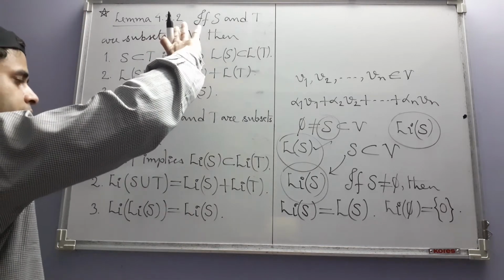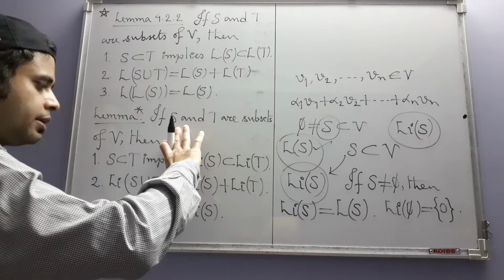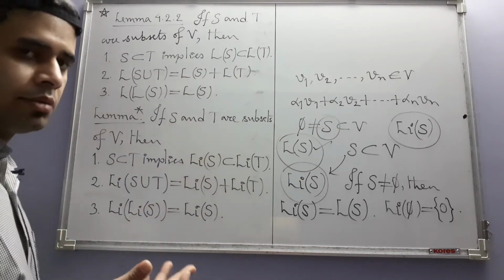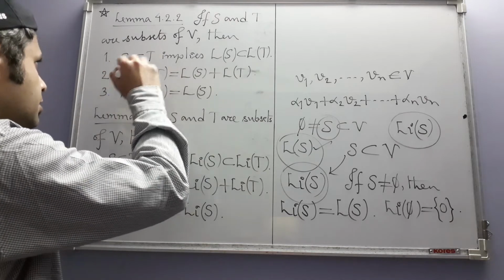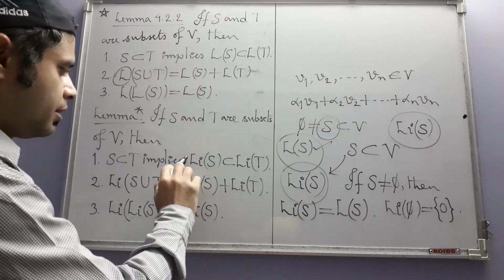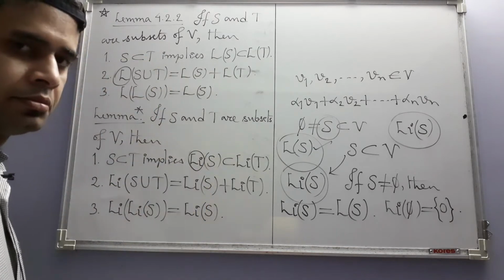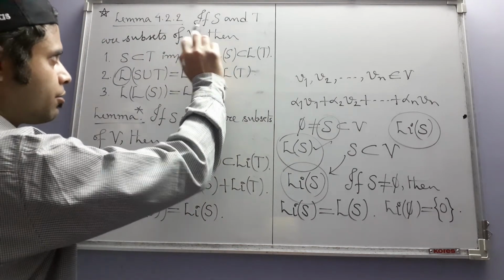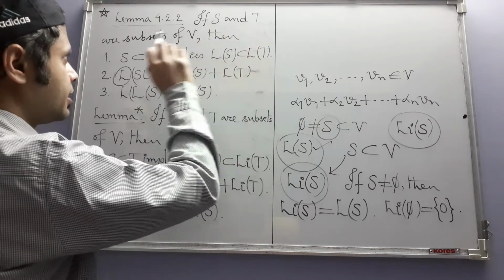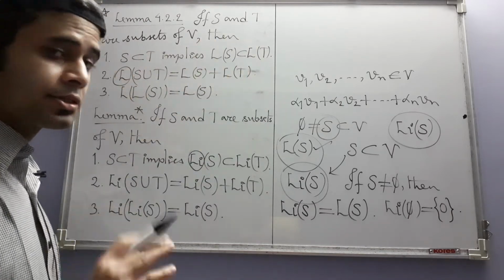Instead of proving this, we stated another similar lemma, where instead of this ordinary L, we have our new linear span. Note that the author did not mention that S and T are non-empty subsets explicitly.